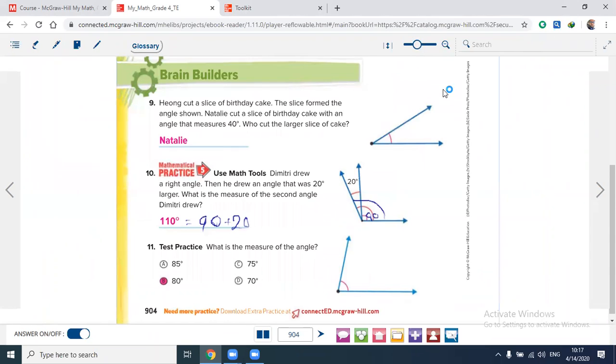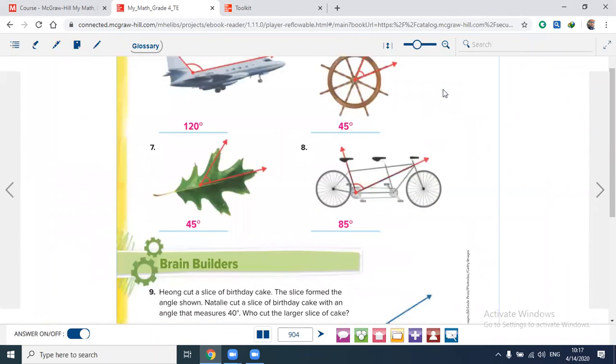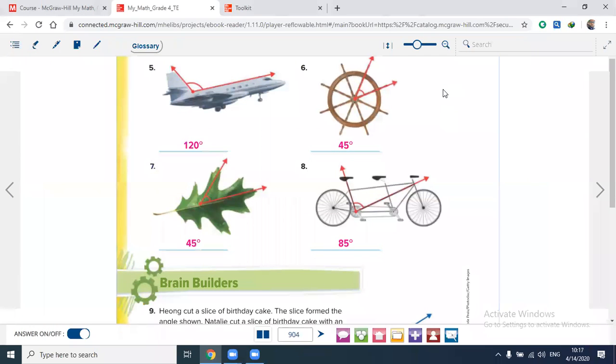I'll write it now if you want. Here from 5 to 8, measure these angles. This is 120, this is 45, and this one is 85, and the last one here is 45.